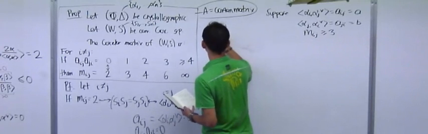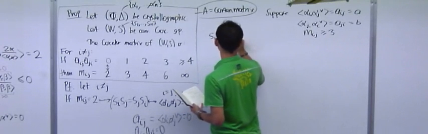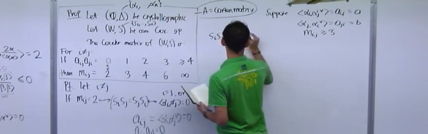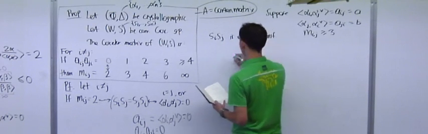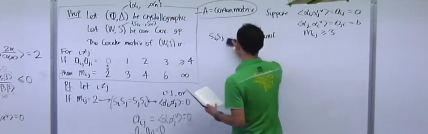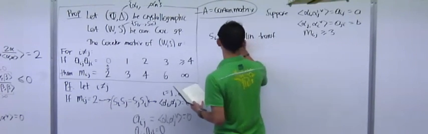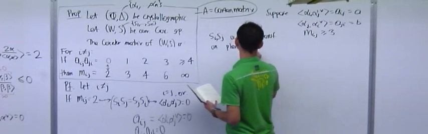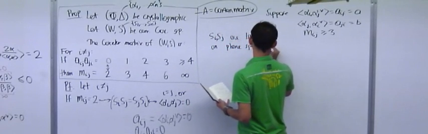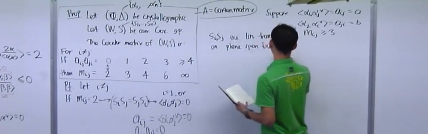say it this way. So S_i and S_j are linear transformations on the plane span of alpha i, alpha j.